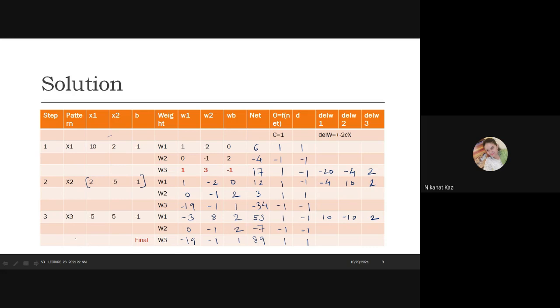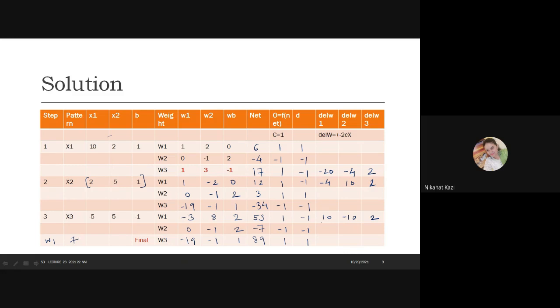Okay. So I'll just write them here. What you have to do is you have to add this to this. Okay. So W2 and W3 remain the same. So these are the final weights for W2 and W3, but W1 has changed. So we'll just write W1 here. So W1 is 7, right?